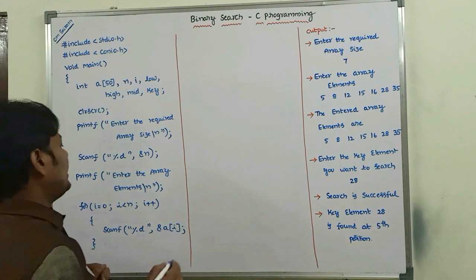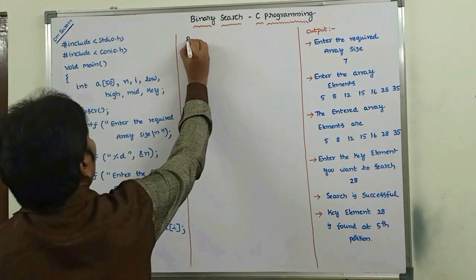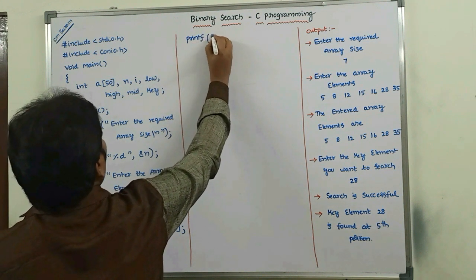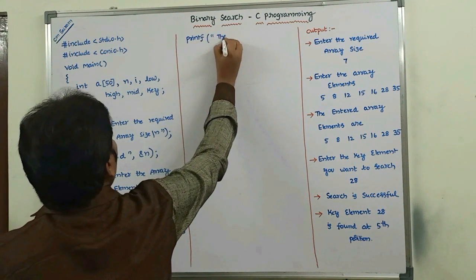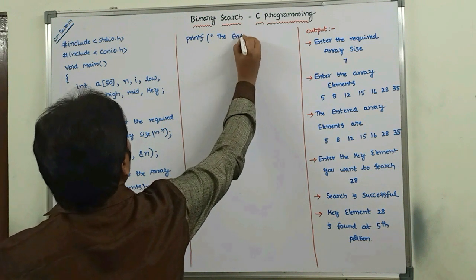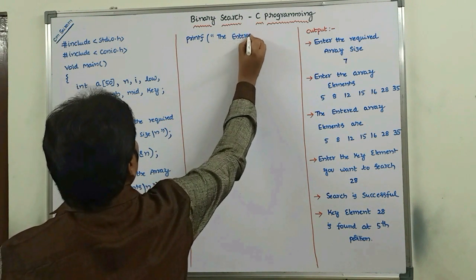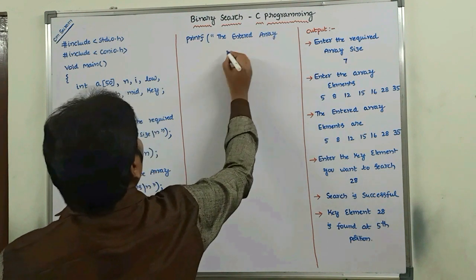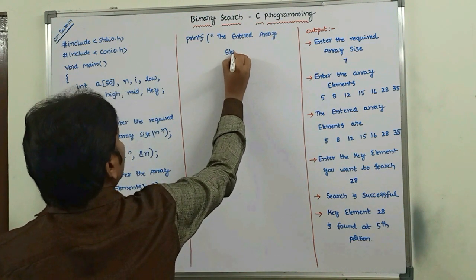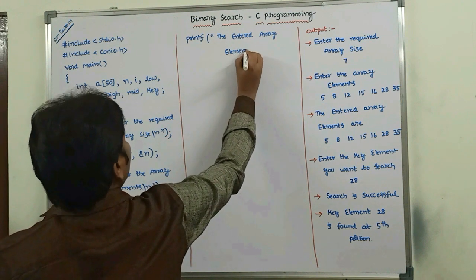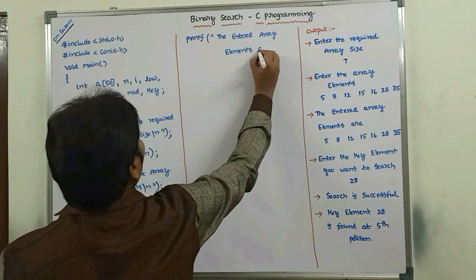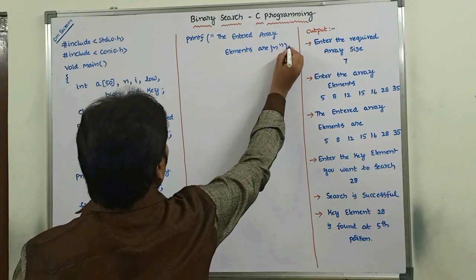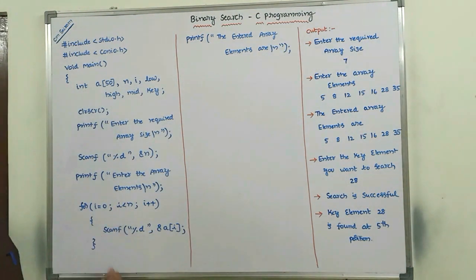Okay, next one. So printf, the entered array elements are. Whatever elements are read from the keyboard, those values are printed by using a for loop and printf statement.